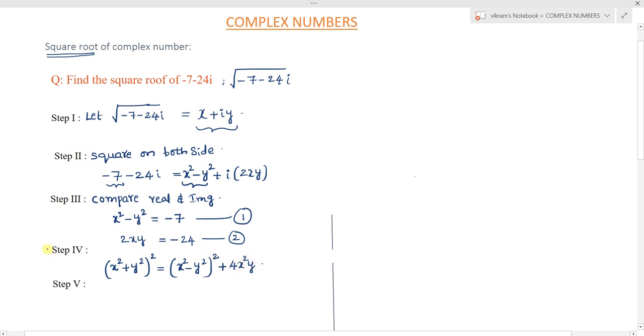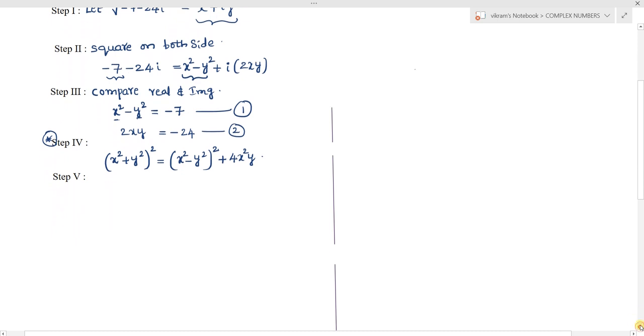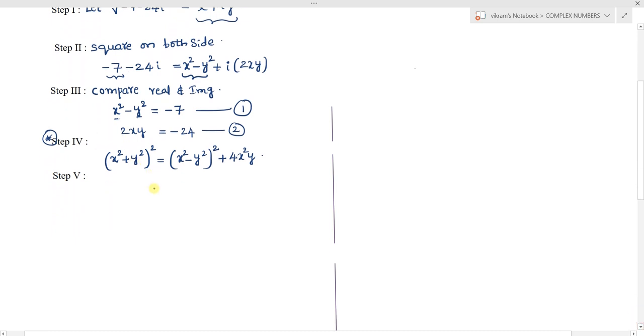This is the important step 4; you need to consider this formula.